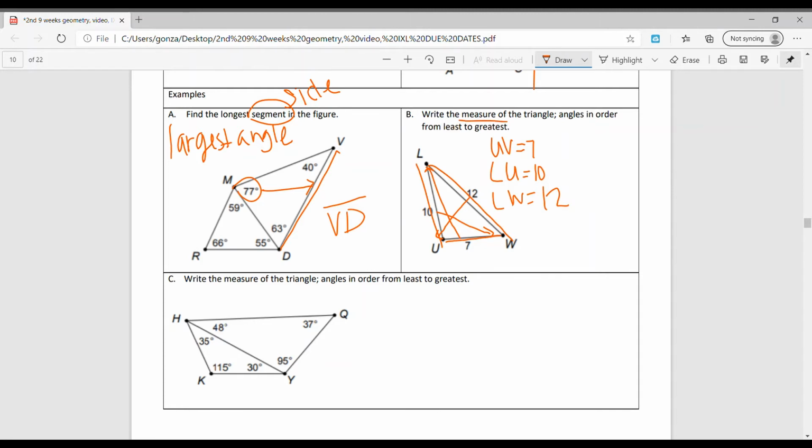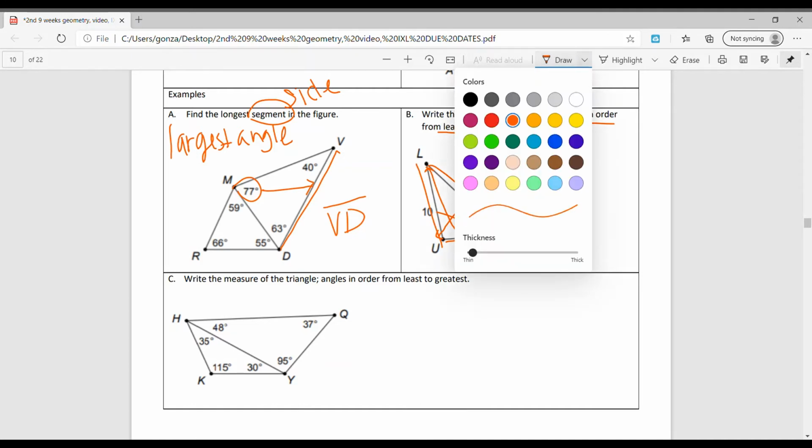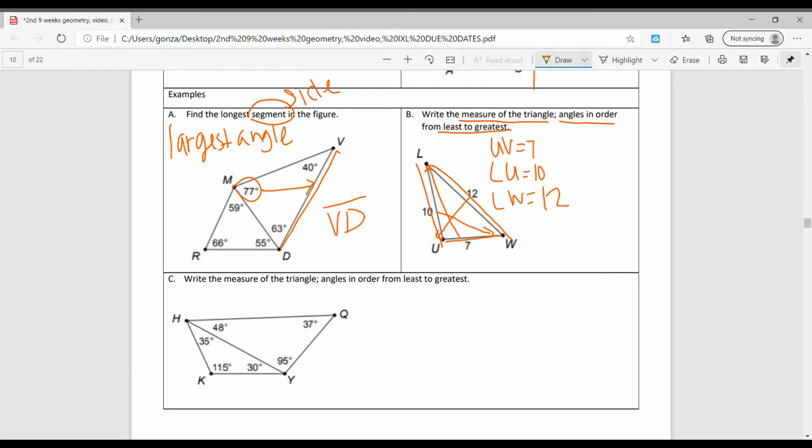So write the measure of the triangle. We did that. And then angles in order from least to greatest. Let's accentuate the angles. These are my angles.